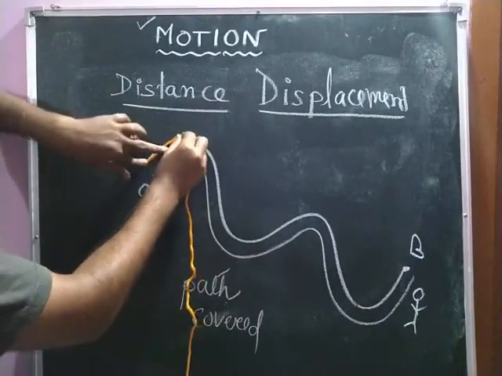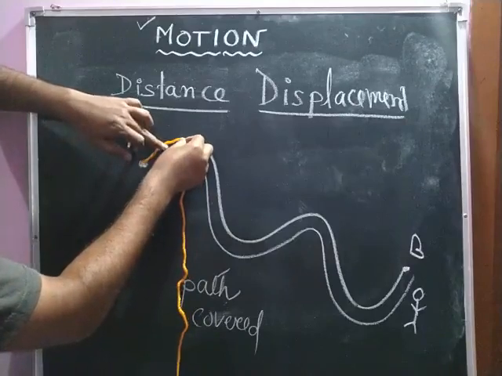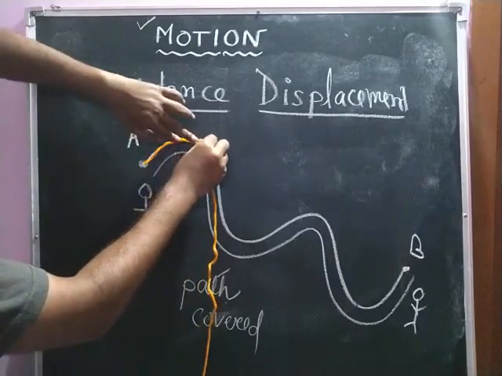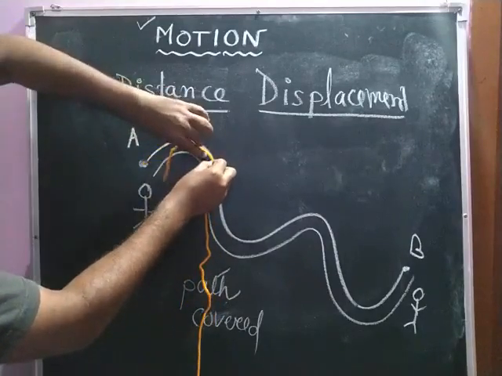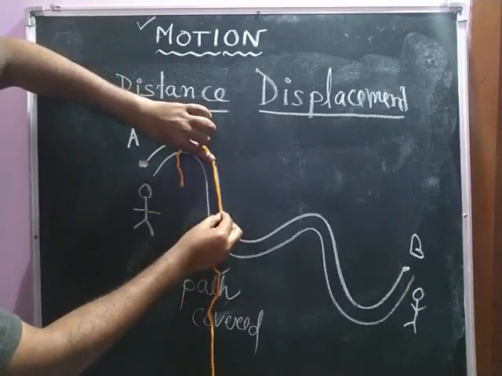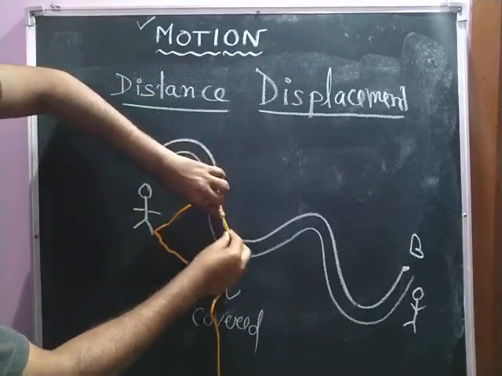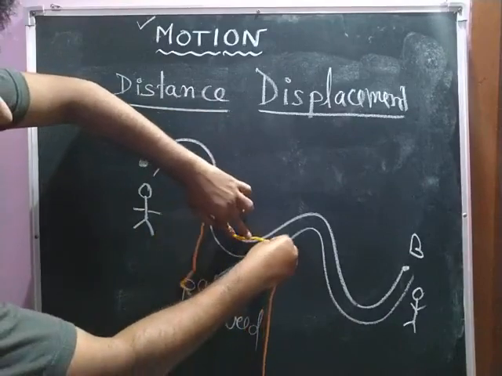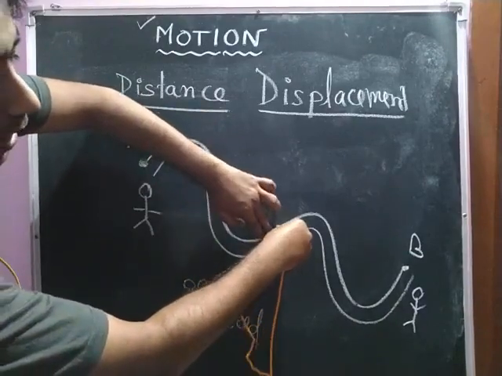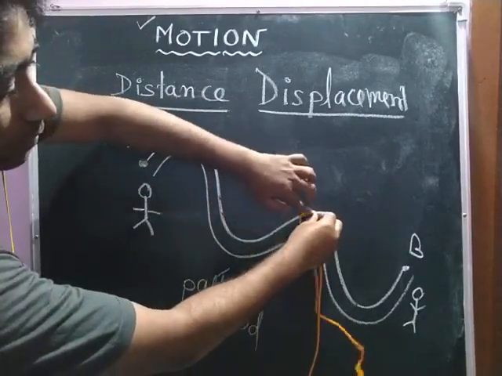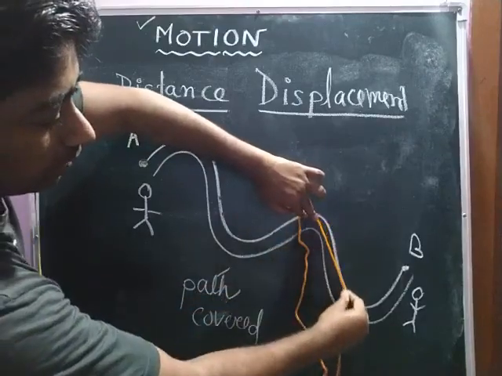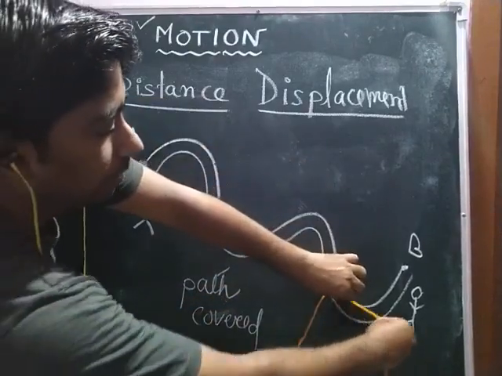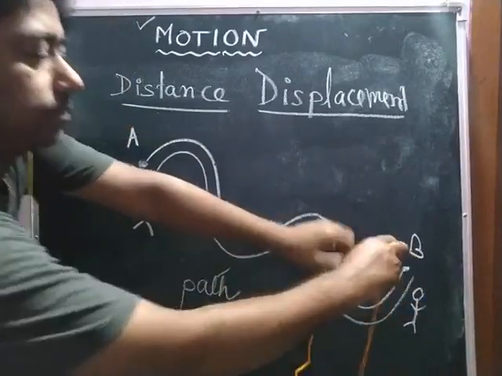Then cover this path with the device this way. Then we cover this path again like this. Then we cover this part. Then we cover slowly this part like this. Then we go on covering further and further and finally up to this point B.